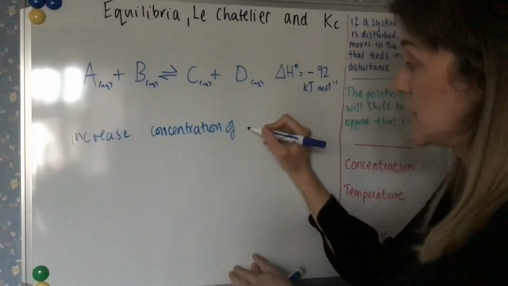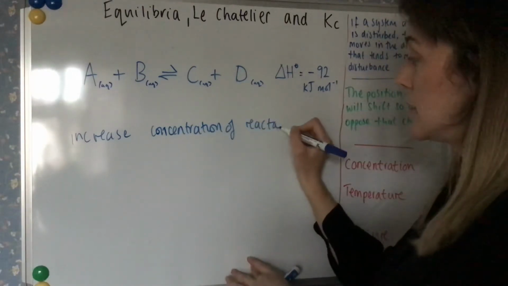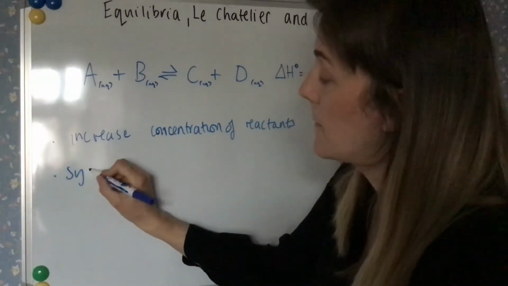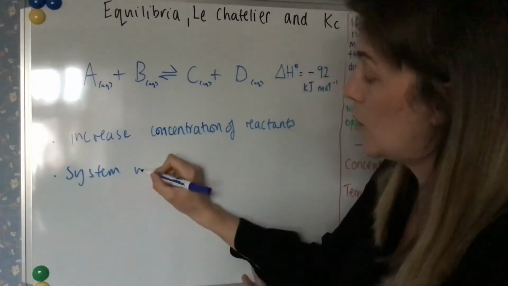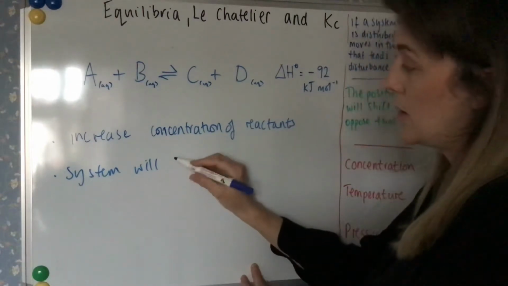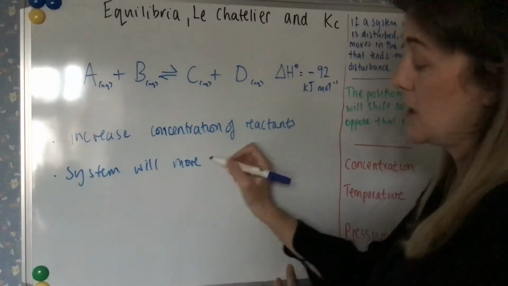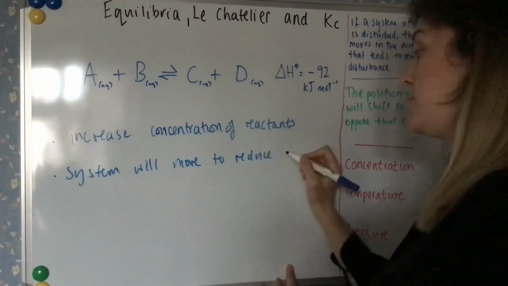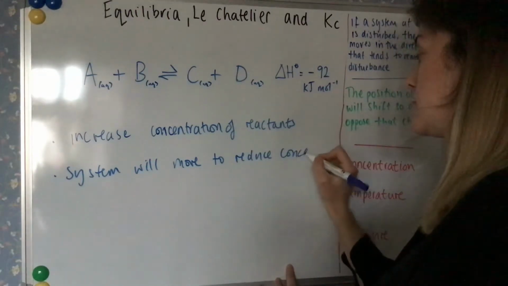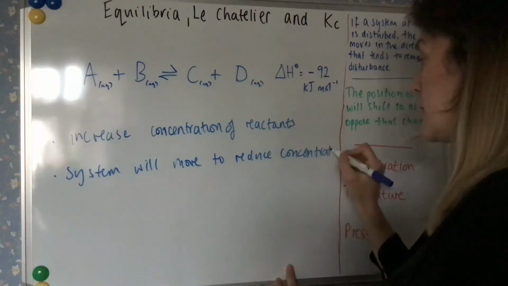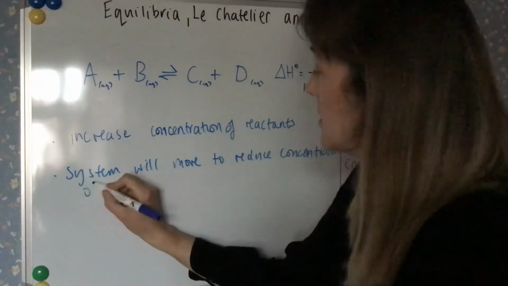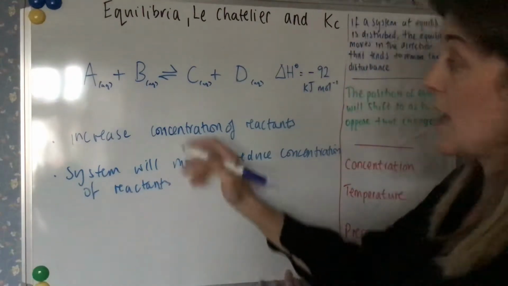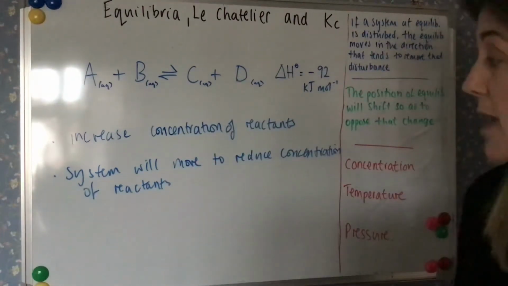of reactants, for example. The system will move to reduce the concentration of reactants, and it will do that by making more of C and D. It will be making more of the product.